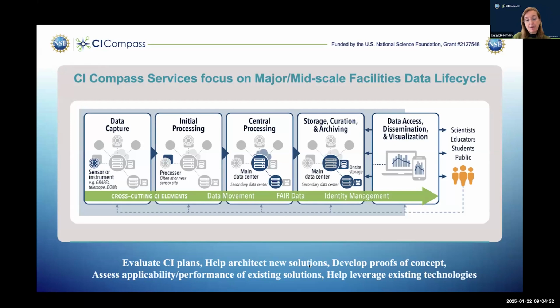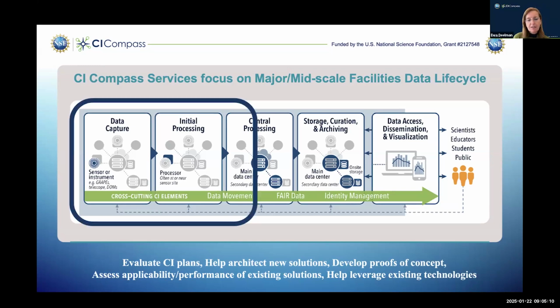There are also some cross-cutting elements that go across the many stages of a data lifecycle, including data movement, FAIR data, identity management. And so we want to be able to understand the various stages of a data life cycle, and moving forward, we want to step through them and see what are the challenges that the facilities, the research infrastructures have within these various stages, and what are the best practices that they use, and share their experiences within our community.